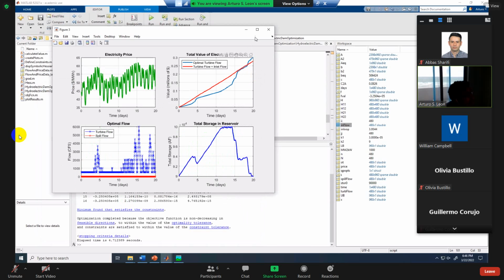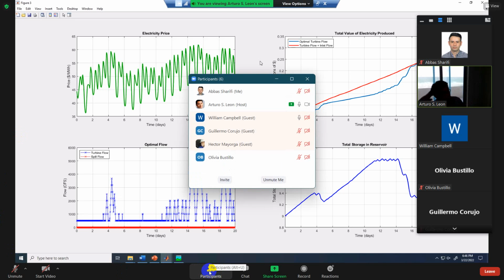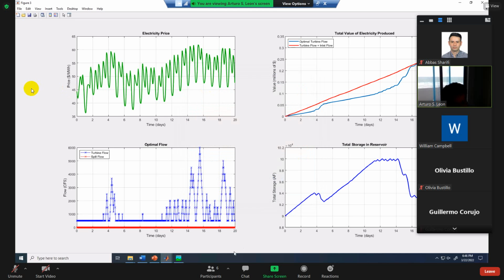And then this is the optimal flow. Basically it's telling you in this model: produce this power at this hour, and at this hour produce this power. So this is trying to maximize the revenue. And of course, this also depends on how much water you have available.